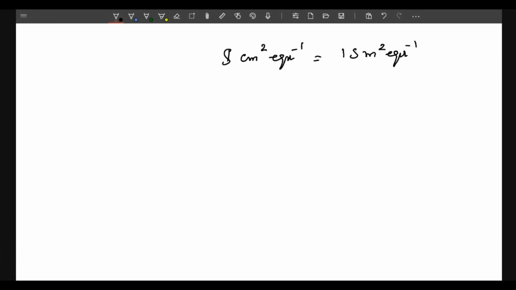How much? Once again, as usual, centi should be taken and converted. If you convert this, you will get 10 to the power minus 4 meter square.